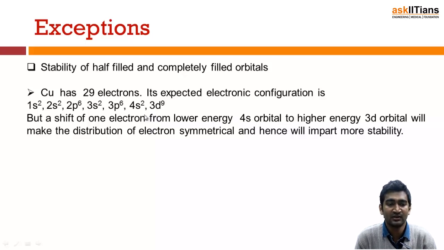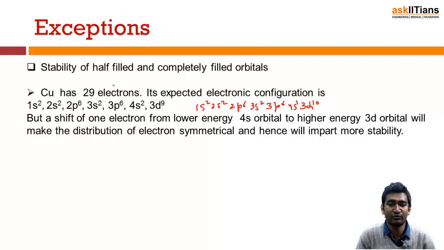It will be 1s2, 2s2, 2p6, 3s2, 3p6, then 4s1 and 3d10. This one. Why? Because now this has become full filled d orbital, and this is more stable.